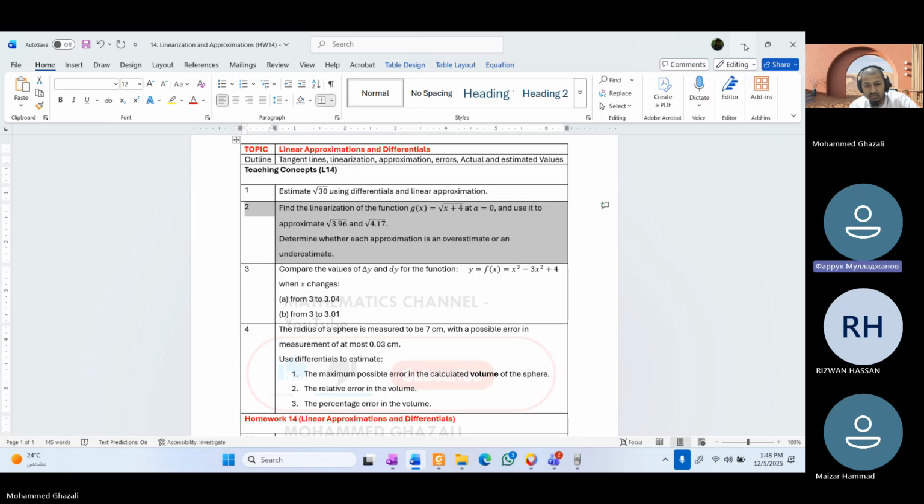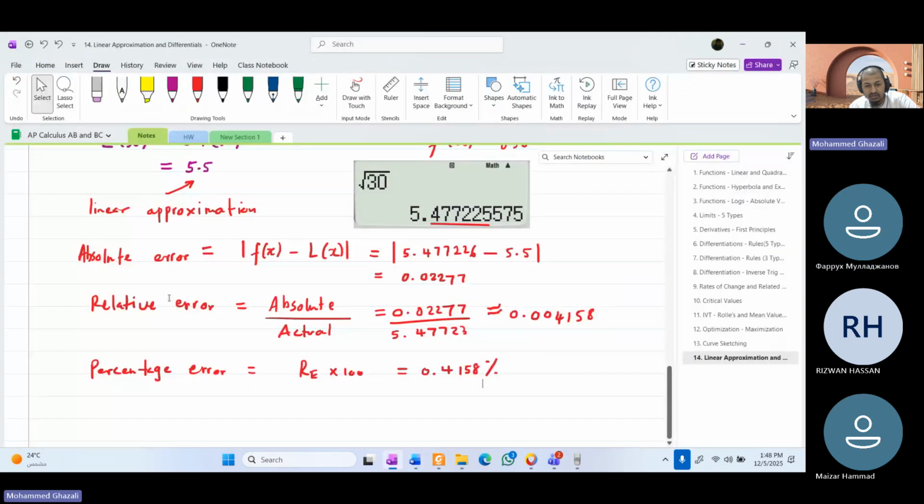The reason why we need the absolute error is to check the deviation away from the actual answer. So the deviation away from the actual answer is 0.022. But when you work out a relative error, it's better to work out a percentage error. Relative error is just kind of like a probability.